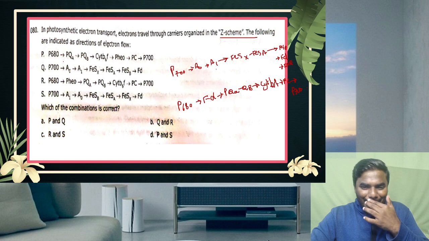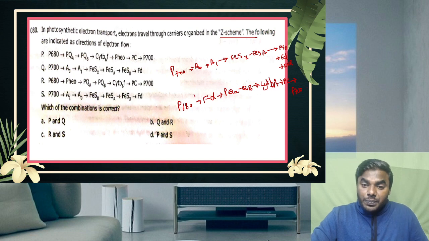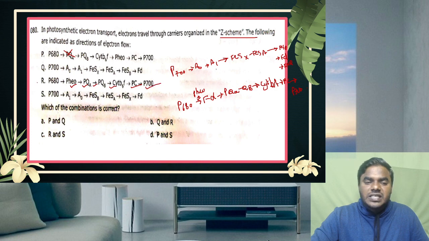P680. So here after P680 comes pheophytin, right? Because they have asked us about non-cyclic, not cyclic. So P680 to plastoquinone is wrong. Why is it wrong? Because after P680 the electron acceptor is pheophytin. So pheophytin, quinone A, quinone B, cytochrome b6f, plastocyanin, P700.